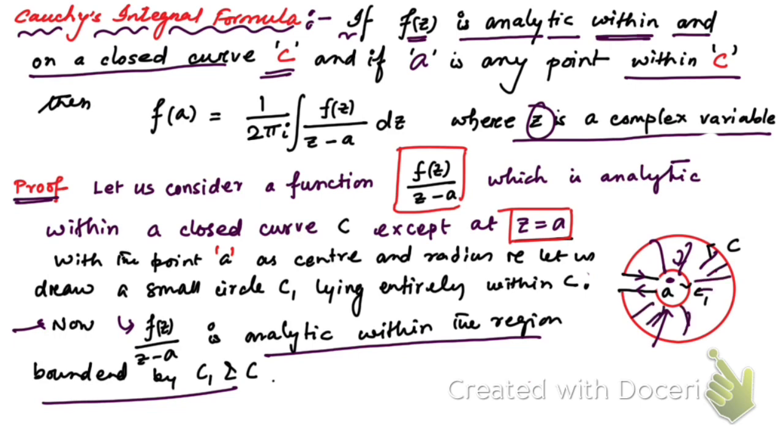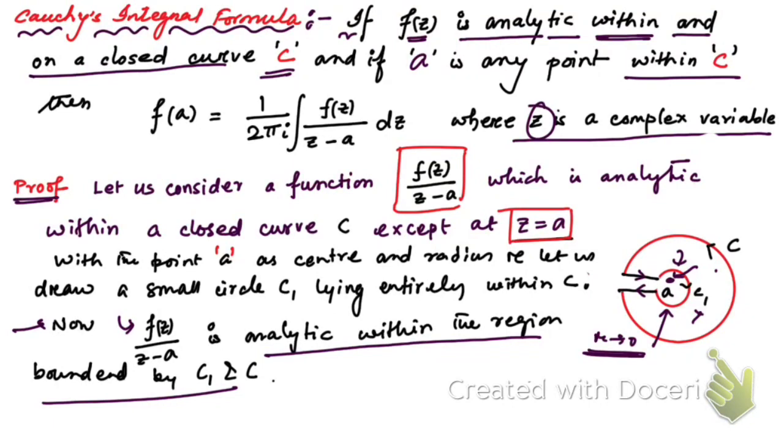Okay, so that means this inner circle C1, which encloses A, is so small that the only point A at which this function is not analytic is enclosed by C1, and it is a very small circle such that r tends to 0.